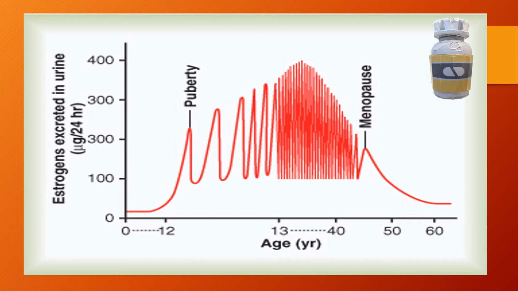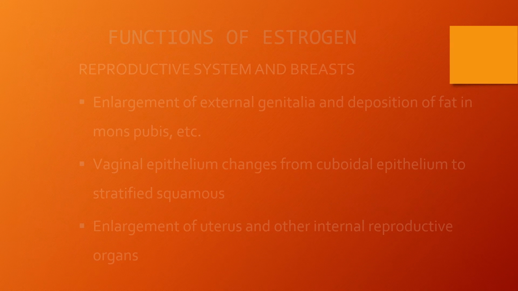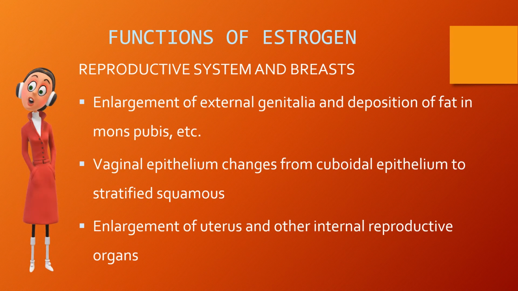Then later on it decreases, and once it finally goes down, that would be the period of menopause, at approximately 46 years old.